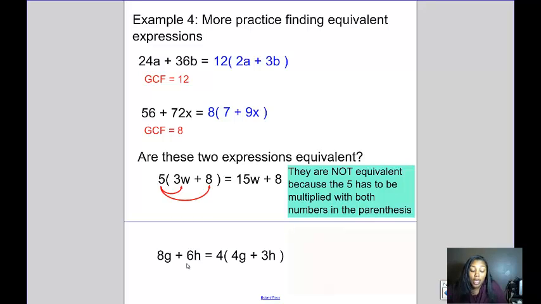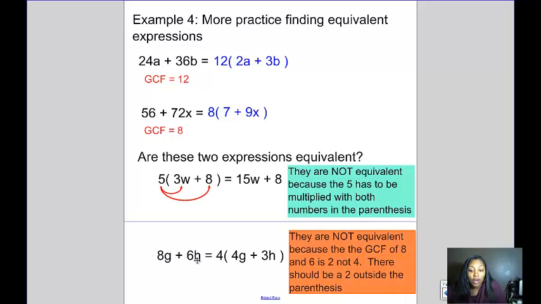Then I have 8g plus 6h, and I want to know, is it equivalent to 4 times (4g plus 3h)? Again, I need to simplify both sides, make sure both sides are simplified, and once I do that, I can see if they're equivalent to each other. Well, if I multiply 4 times 4g, that will give me 16g, and so from the beginning I automatically know that no, these can't be equivalent because I have 8g on one side and 16g on the other, so they're not equivalent.